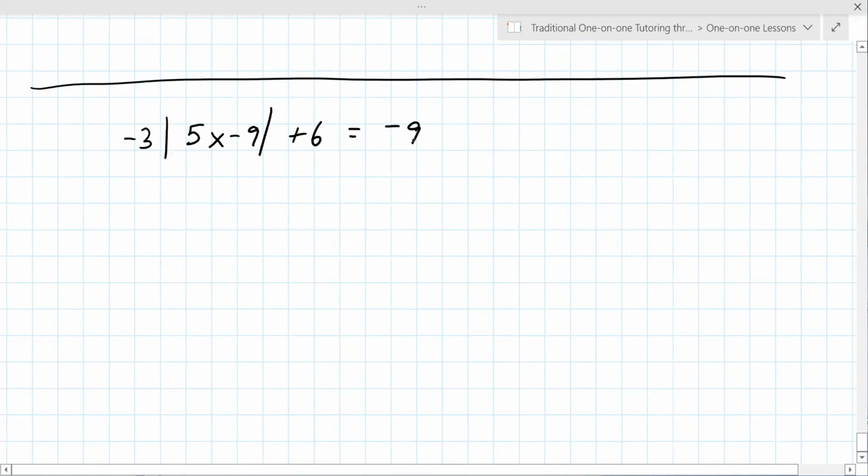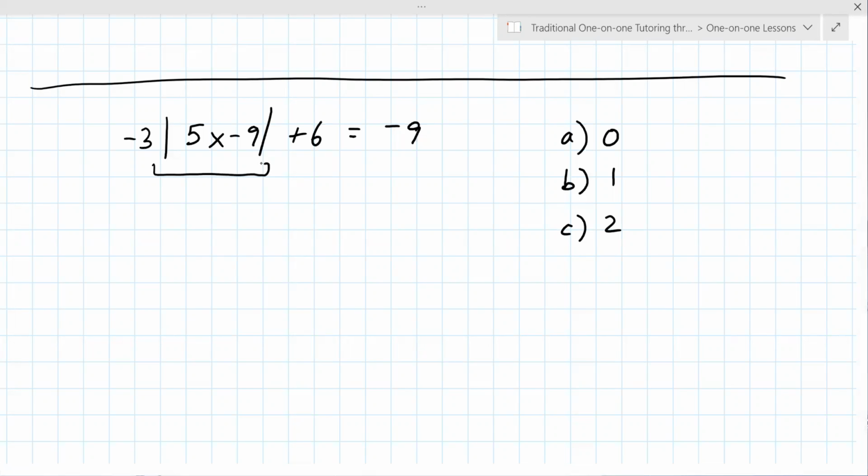I want to know whether there are 0 solutions, 1 solution, or 2 solutions to this. And you do that by solving for the absolute value right there. You don't have to actually find them. You just have to rearrange the equation. So give that a try, please.